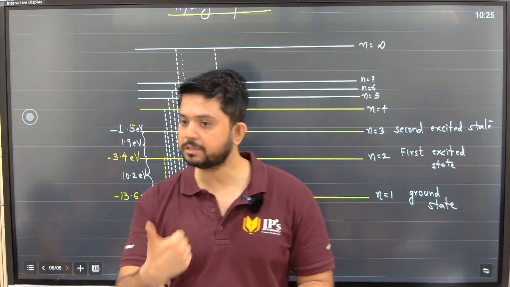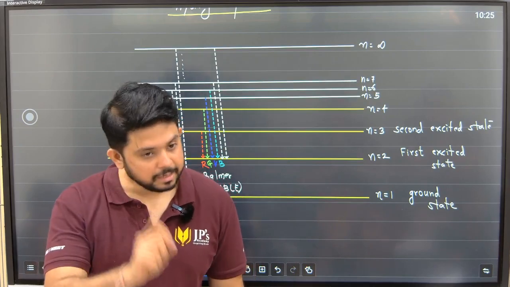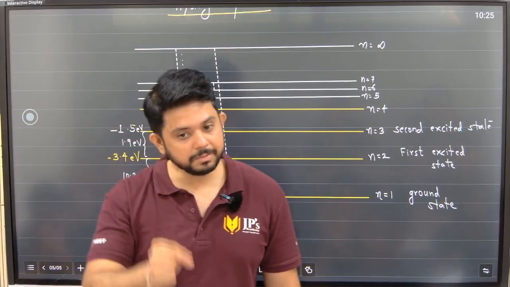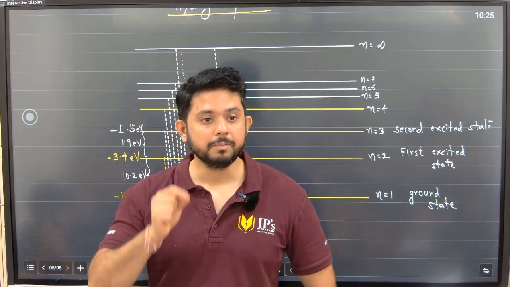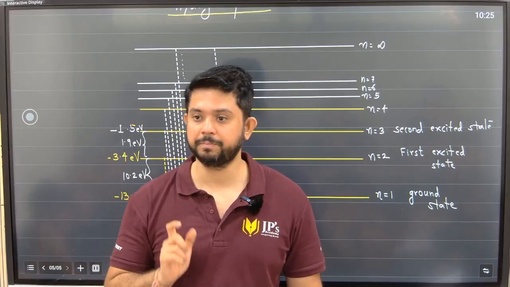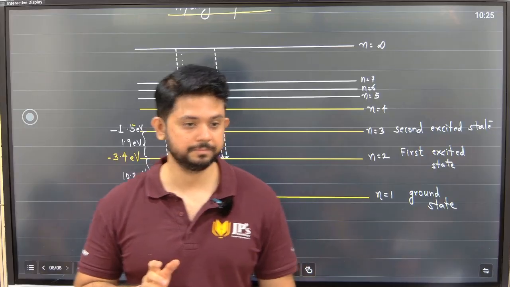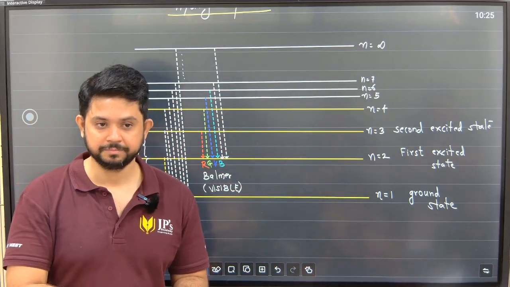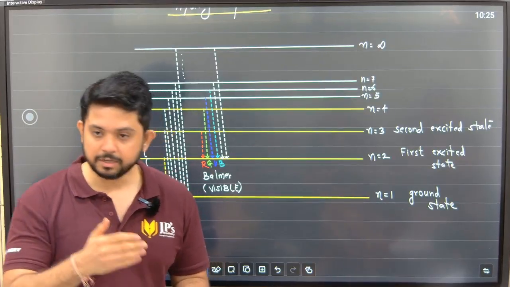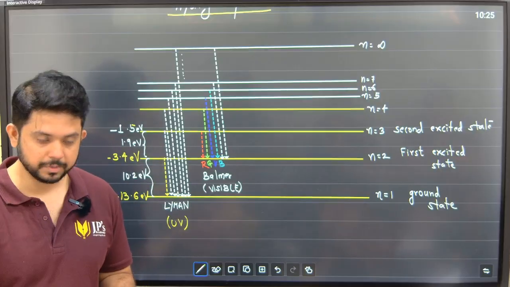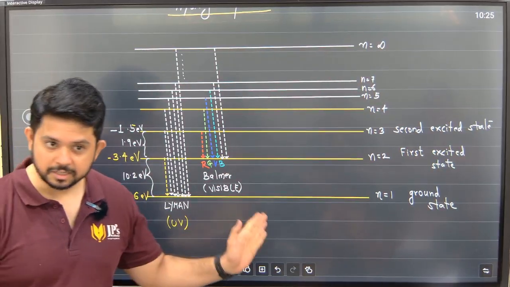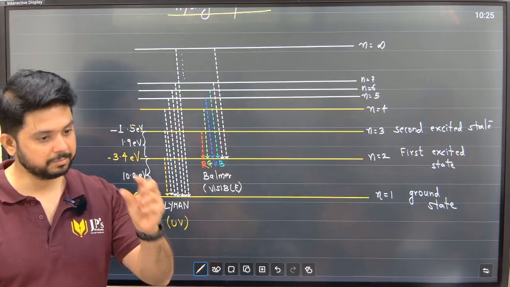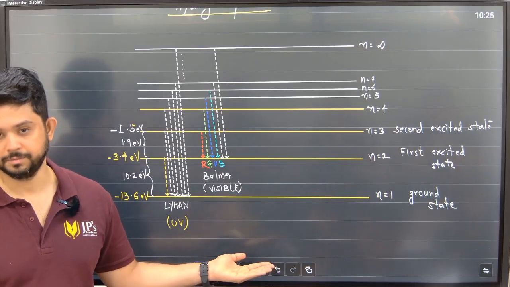We all have unique thumbprints. Every element in the periodic table has a unique spectrum. Actually, there are multiple elements in the periodic table which got discovered because we got a different spectrum. What we are getting here is hydrogen's thumbprint. So if we checked the spectrum of some source with a spectrometer, and if we get these colors, we can say with confidence that that particular element is hydrogen.